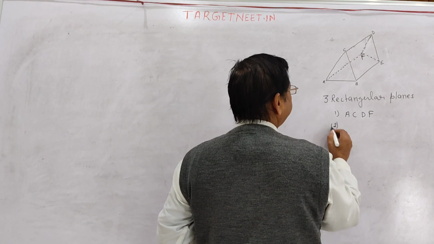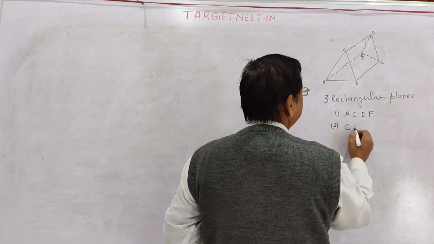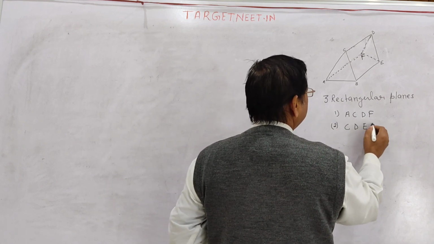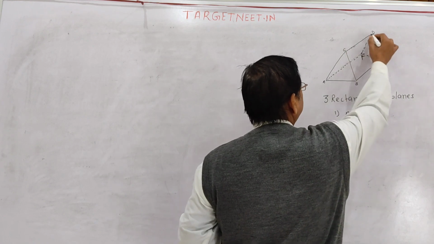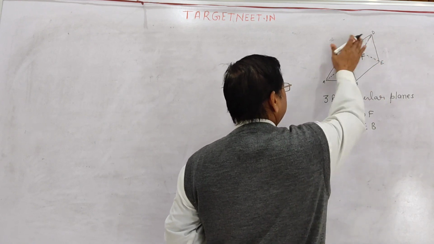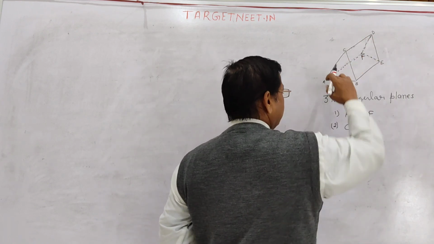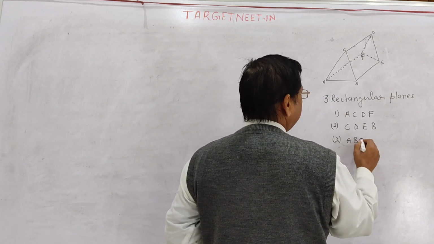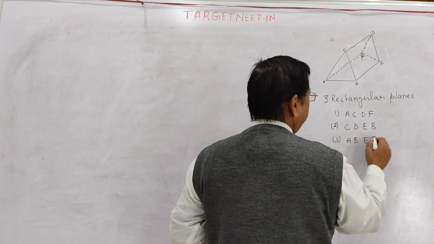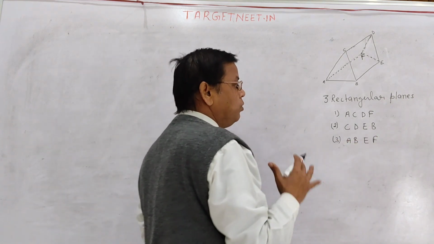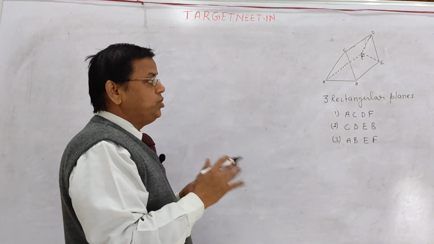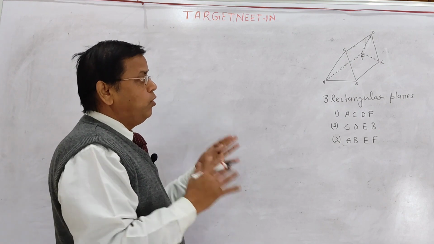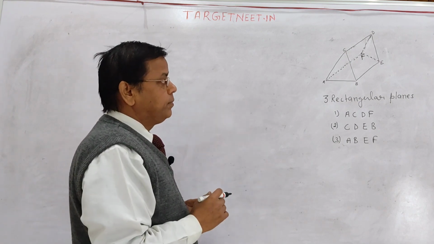Number 2, C, D, E, B. This is another plane, and this is the base. Base is another plane, A, B, E, F. So these are the three rectangular planes touching each other. This forms a triangular prism.